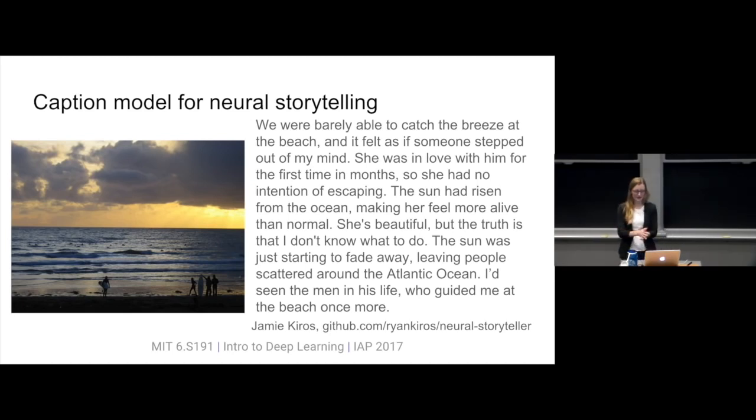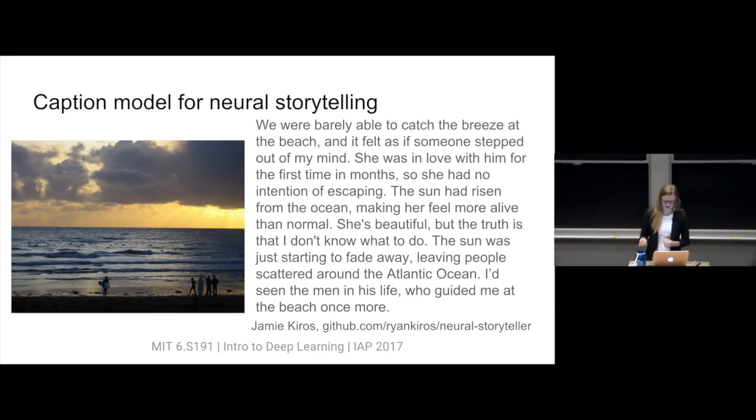There's this other cool thing that Jamie Kiros from the University of Toronto has done with this caption model, where instead of having the captioning part of the language model, she replaced it with a language model that was trained on romance novels. We can get sort of this romantic novel paragraph about this image. So it says, "The sun had risen from the ocean, making her feel more alive than normal.